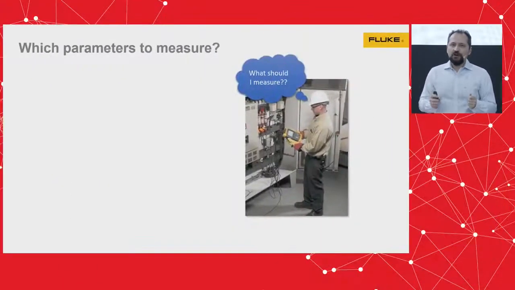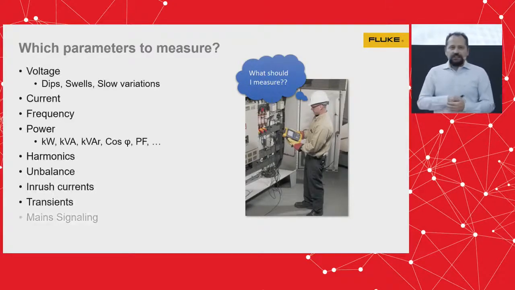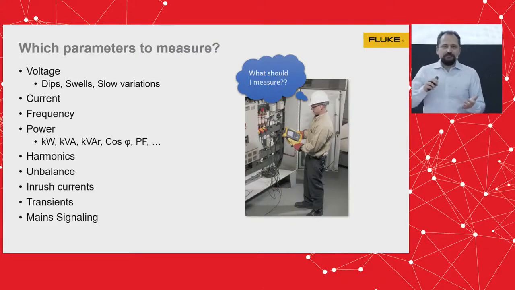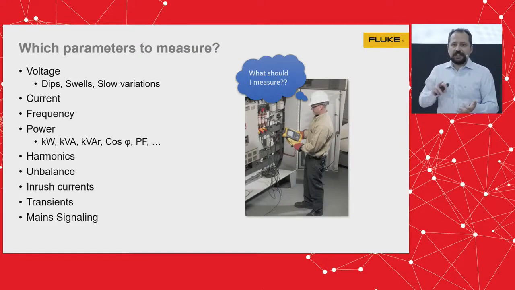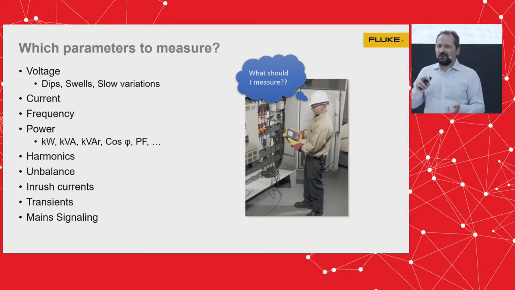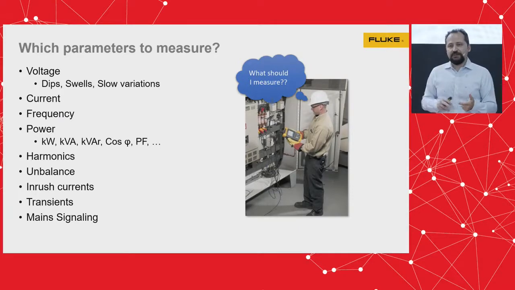what should I measure in order to identify the different issues that may be present at my facility, talking about an industrial customer? There are many parameters. Of course, we need to measure voltage, current, frequency, but also unbalance in three-phase systems, harmonics, flicker, one of the issues that we were mentioning.